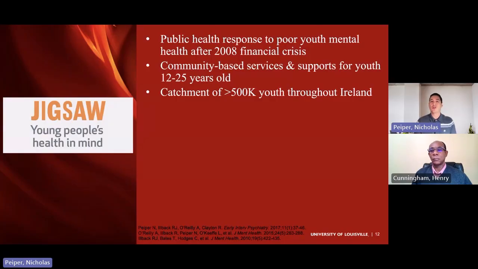So there's an overall Jigsaw model, but adaptations were made based upon the various needs of communities. For example, Dublin was the major metropolitan area, whereas other places were more rural. So there are some urban-rural differences, and other cultural adaptations that were made depending on the characteristics of that particular community.